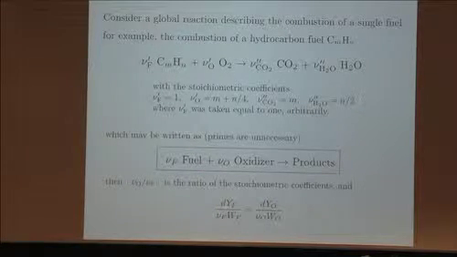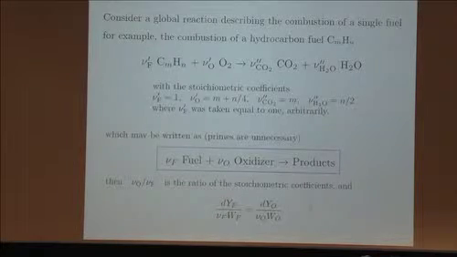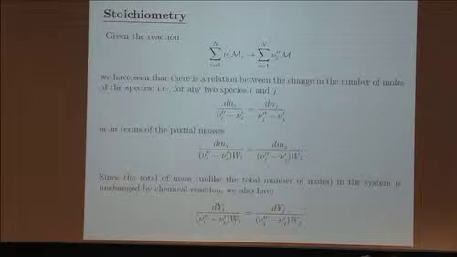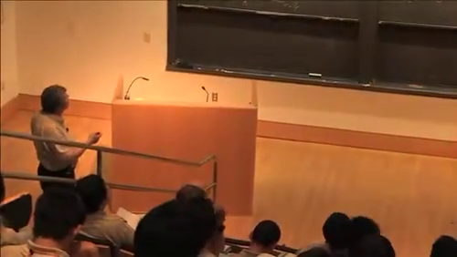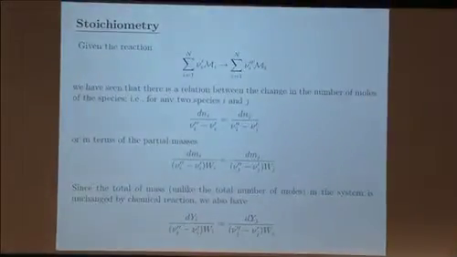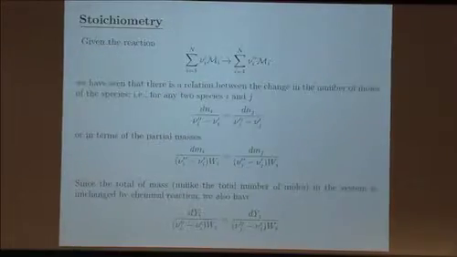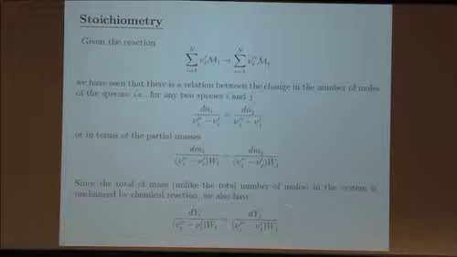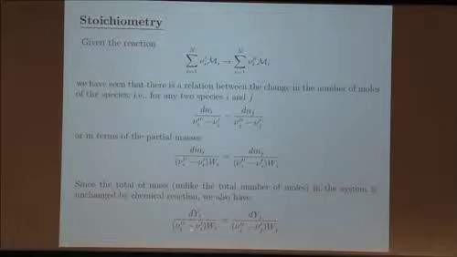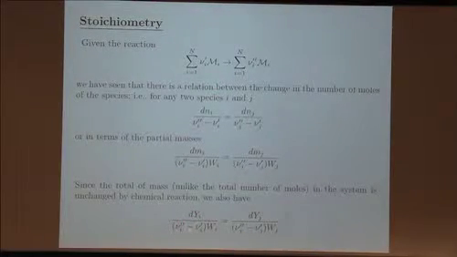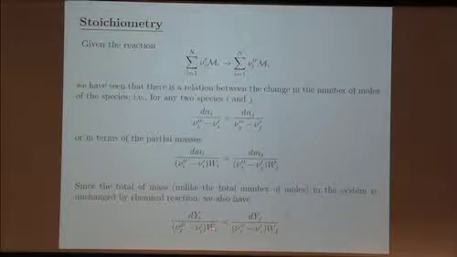Now the expression that we had in the previous slide can now be written for the fuel and oxidizer. Sorry, I pressed the wrong button and it disappeared. So if this is the fuel and oxidizer, the double prime is 0, so it's N_F, nu_F, and nu_O.